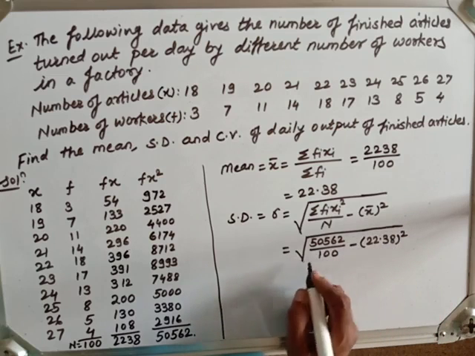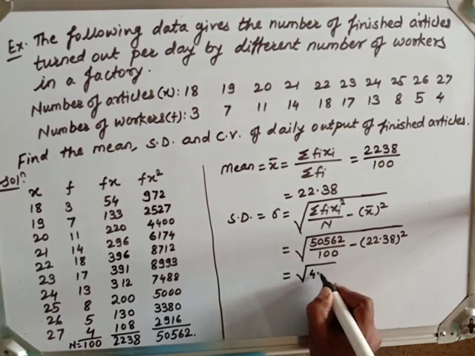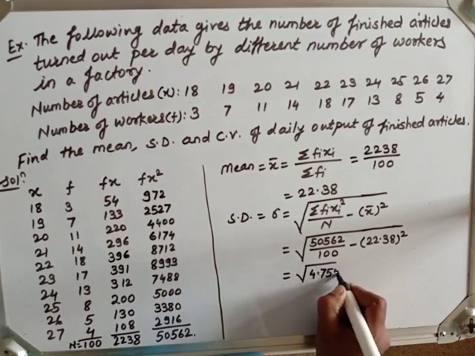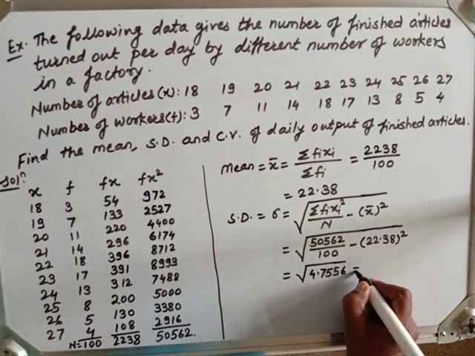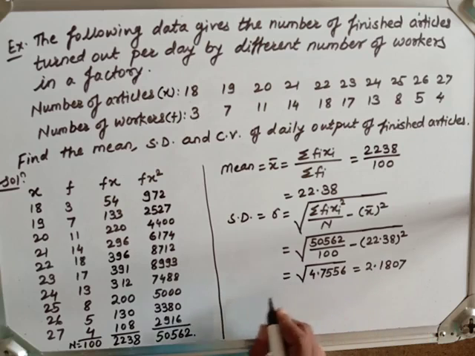So this will be under root 4.7556, and that square root will be 2.1807.